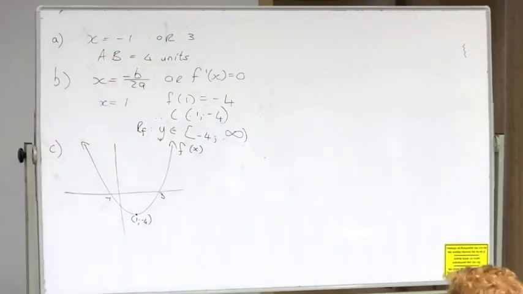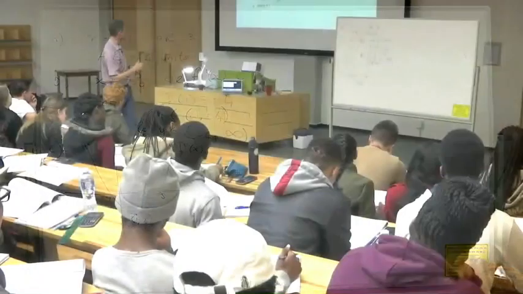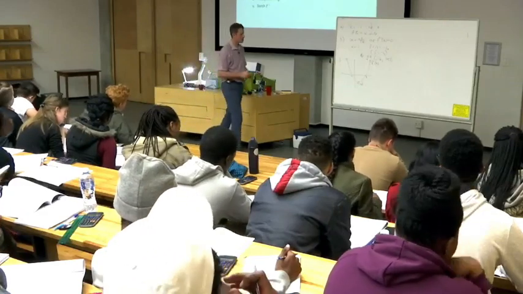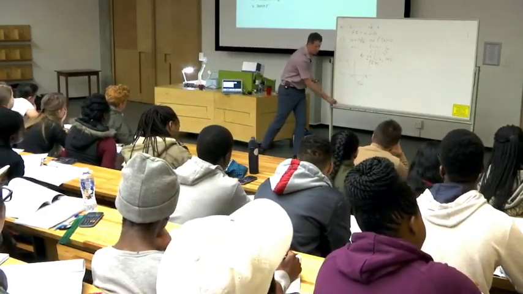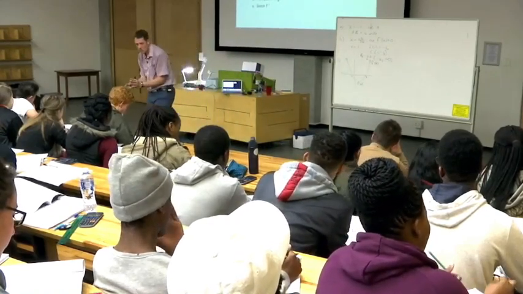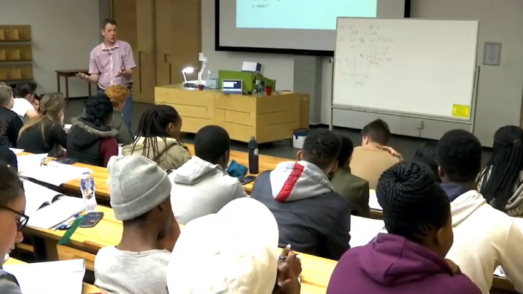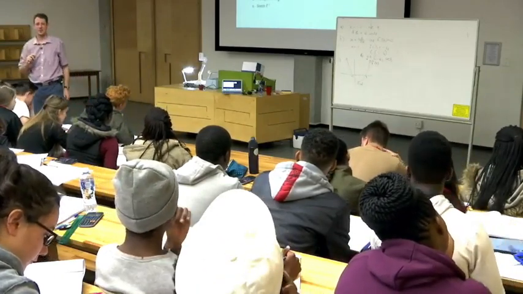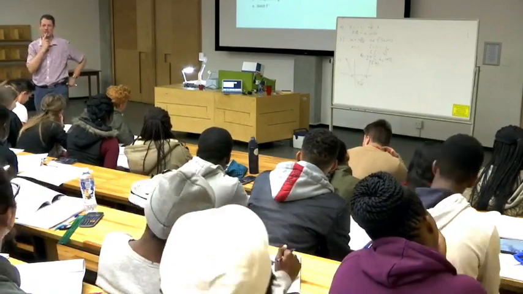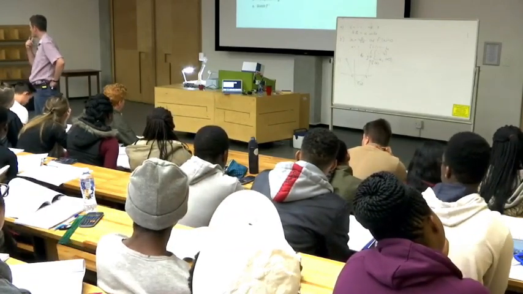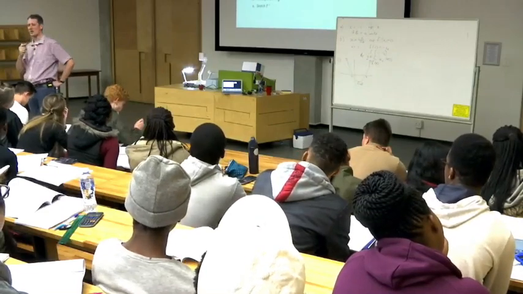My question now: where is f of x greater than 0? Again, what does f of x represent? The y values. Okay, guys? What does f to the -1 of x represent? The x values. Have you guys thought about that?